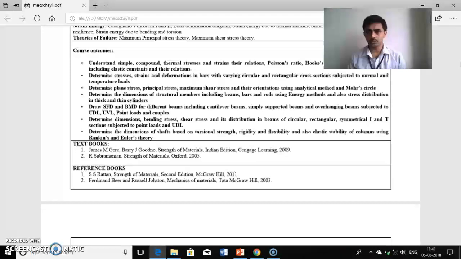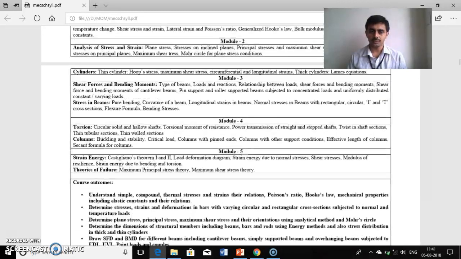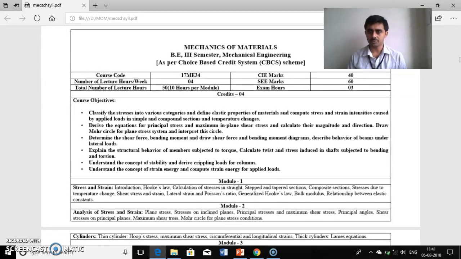So these are the textbooks followed. Other than that, there are so many other textbooks, which are local author textbooks as well. Probably students can refer. So this is about the course outcomes and the syllabus of mechanics of materials.